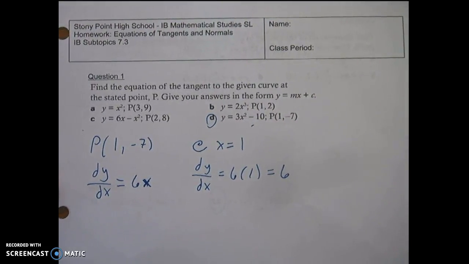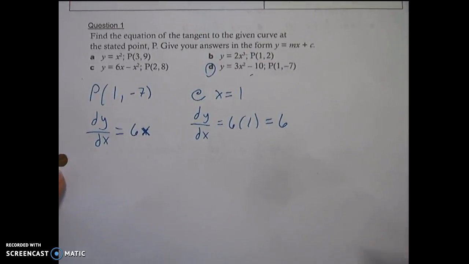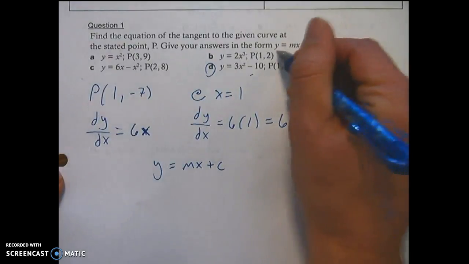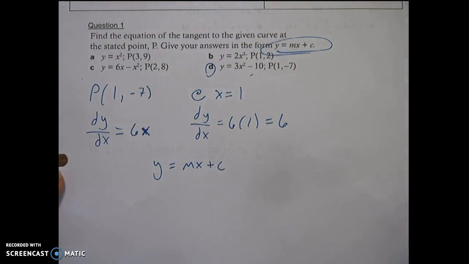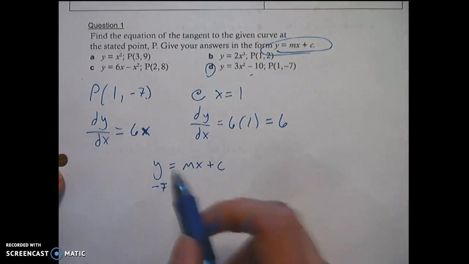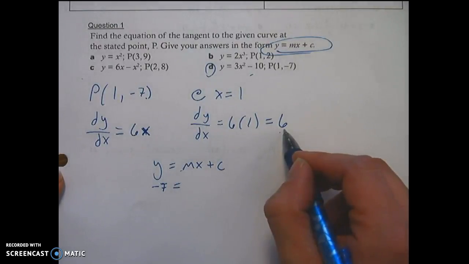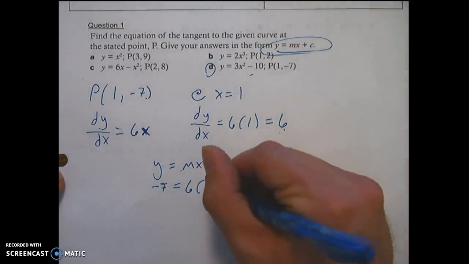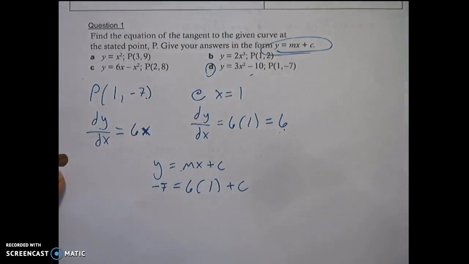Now, using that information, I can write the equation of the line. y equals mx plus c. That's the form they want it in. Let's plug in what we've got. We've got a y, negative 7. We've got an m, which is the gradient we just got at that point, 6. We've got an x, which is 1. And we're going to want to solve for c.